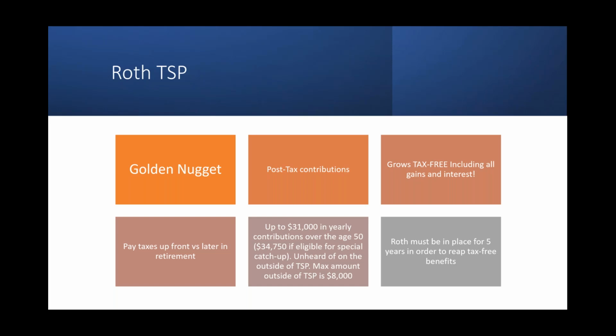If you do not, you can withdraw the principal from the Roth IRA or TSP, but you cannot touch the interest. If you do, you just create a taxable event for yourself, okay? So again, know the rules to make sure that you're getting the maximum out of this stuff.